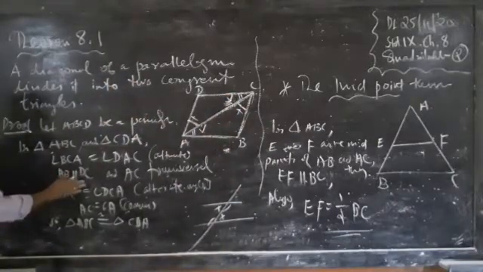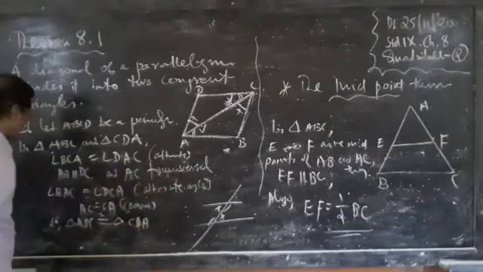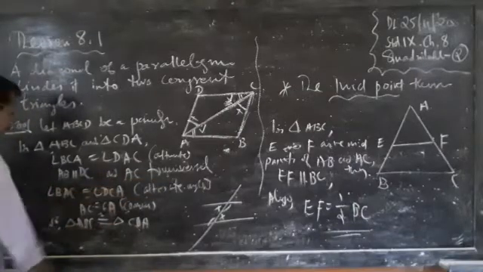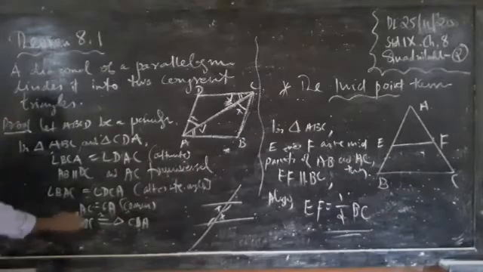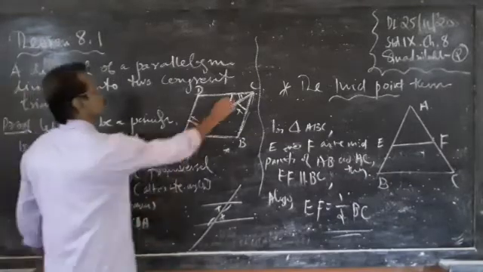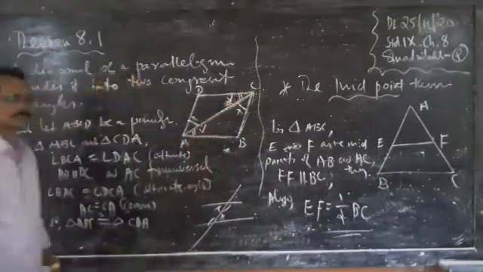And also AB is parallel to DC, and because AC is a transversal, angle BAC equals angle DCA, alternate angles. And AC equals CA, common side.